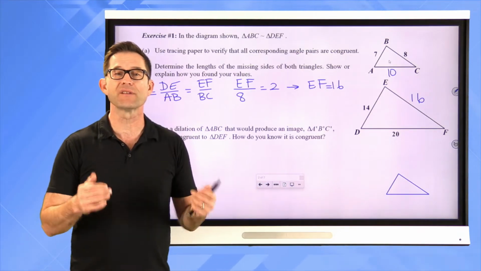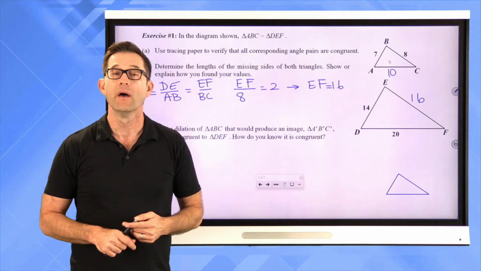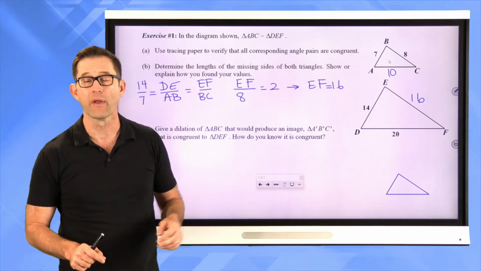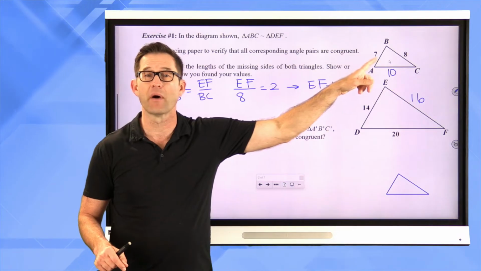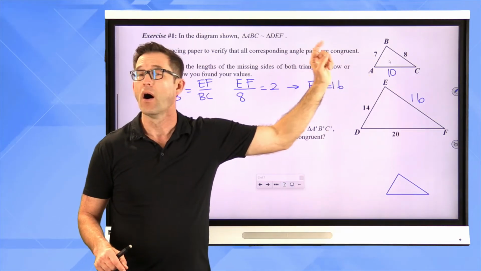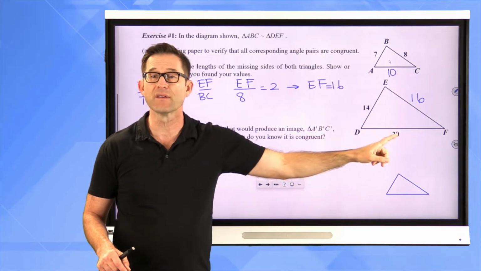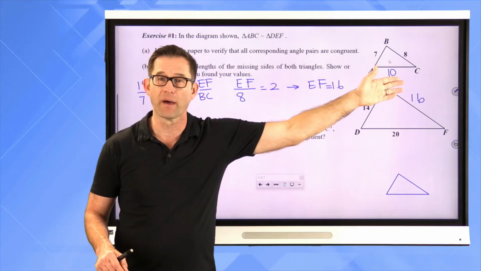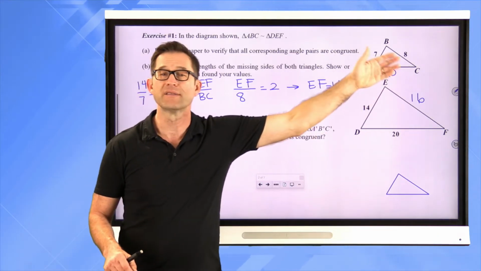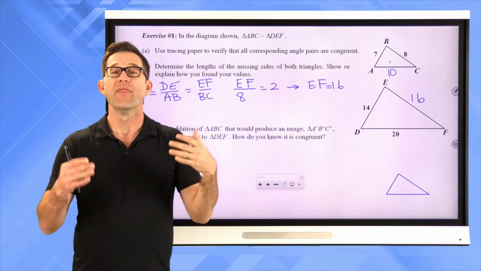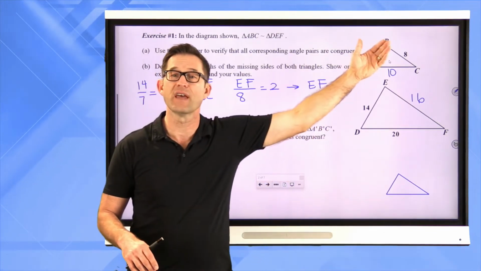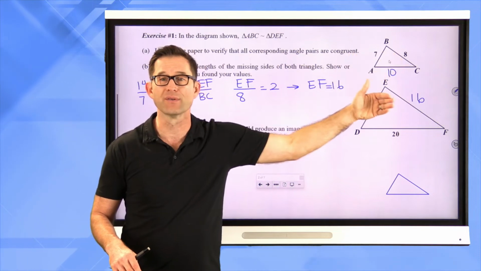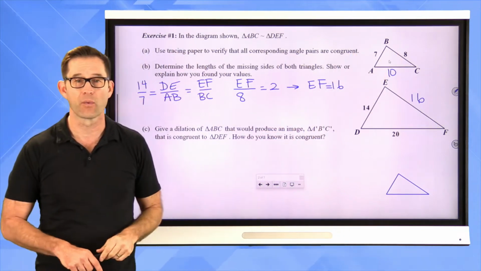When we say that the corresponding sides of similar triangles are proportional, it means if I take one side from this triangle and divide it by the corresponding side of that triangle, I'll get the same thing as if I take another side of this triangle and divide it by the corresponding side of that triangle, etc. That division results in the scaling constant that it would take to dilate one of those triangles and make it congruent to the other one.